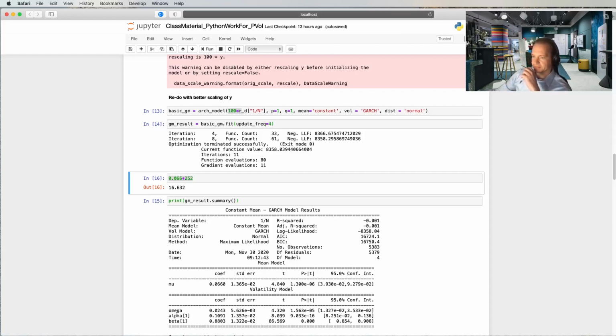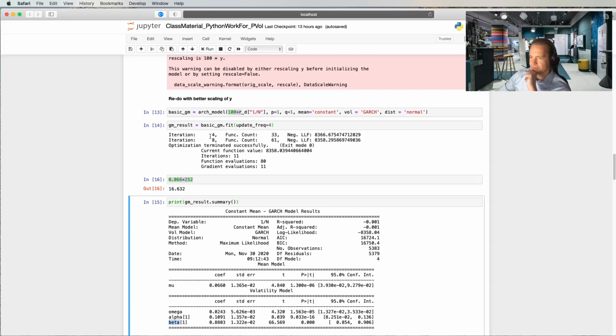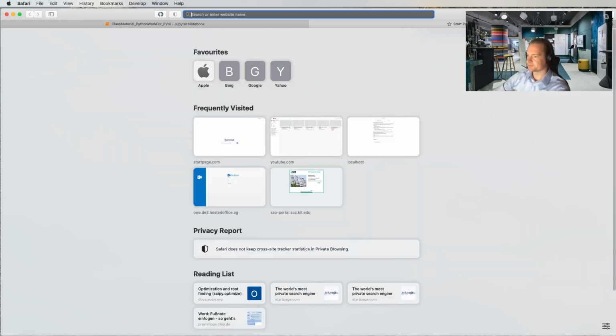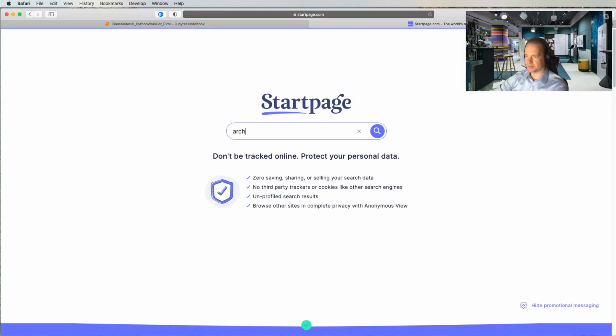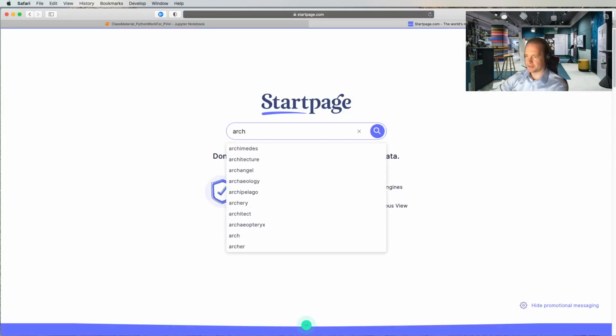What else do we see? We see an omega, an alpha, and a beta. So we should go into the GARCH model package in order to understand what these parameters are supposed to mean. GARCH model Python.